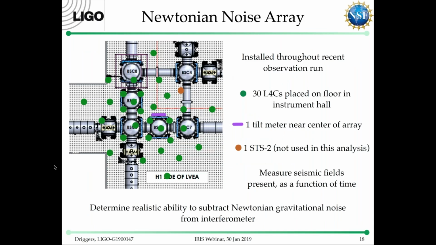So one way that we are looking at what we can do to measure and reduce the effect of this Newtonian gravitational noise is that I had, during a previous observing run here at the Hanford Observatory, an array of 30 L4Cs placed on the floor in our main instrument hall.